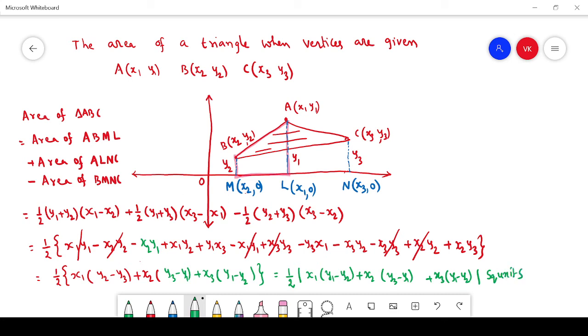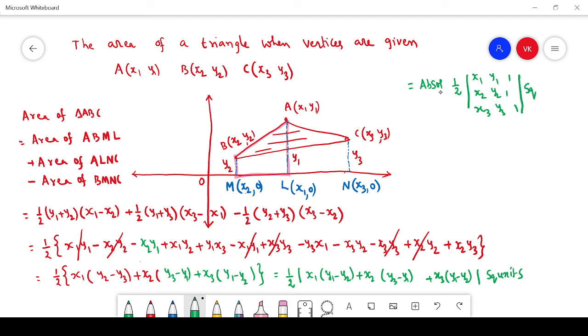Now we will check, this can be represented in many ways, and I will write all those ways. This can be written as the absolute value of half times the determinant of rows x1 y1 1, x2 y2 1, x3 y3 1. This is one way of representing it.